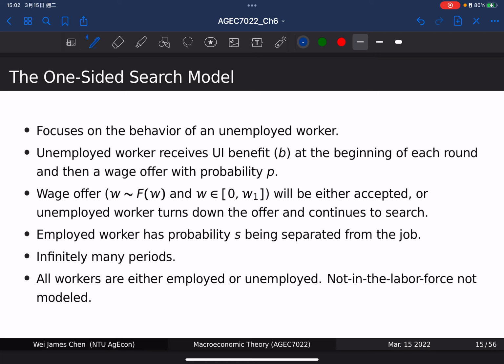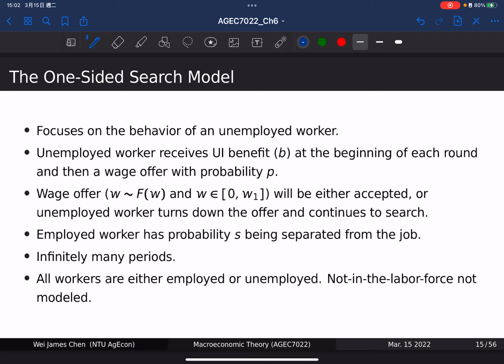That w, the wage offer, is going to follow a CDF, F(w), and w is going to be bounded by 0 and w1. w1 is the upper bound, 0 is the lower bound. So the lowest offer is going to be 0, and the highest possible offer is going to be w1. And this person can either accept this offer and work for this wage, or turn down the offer and continue to search.